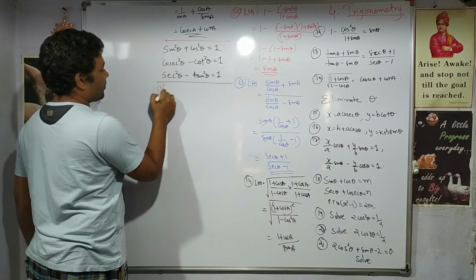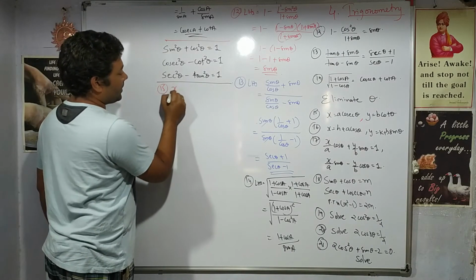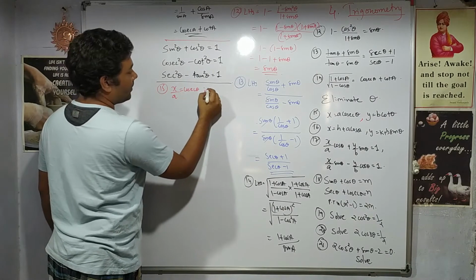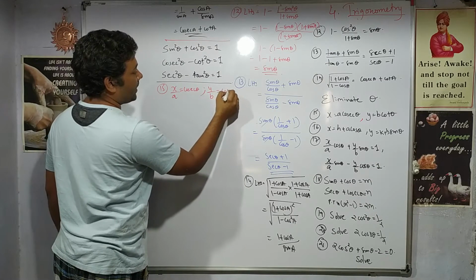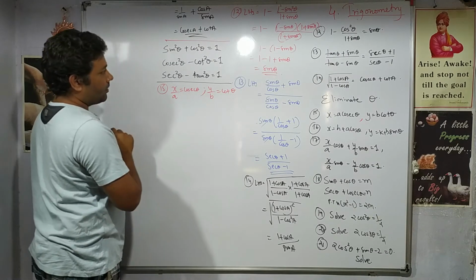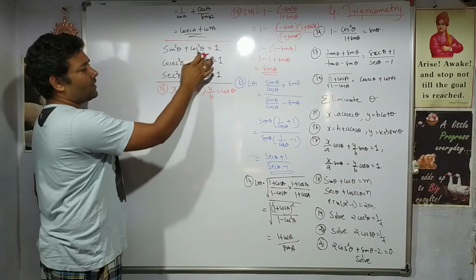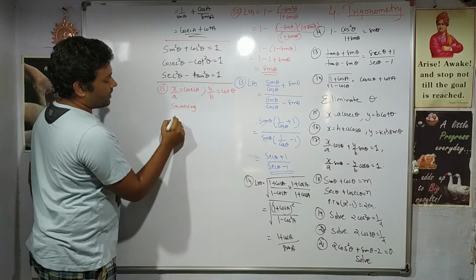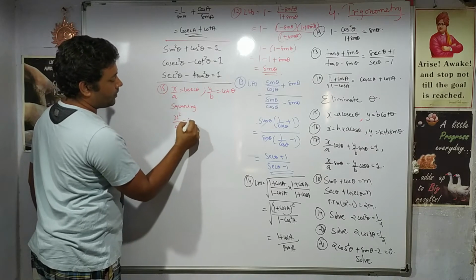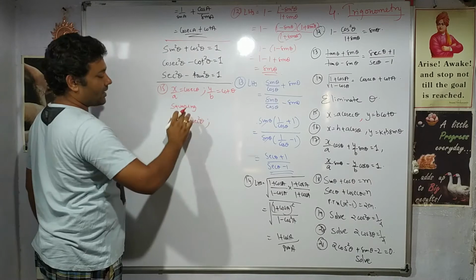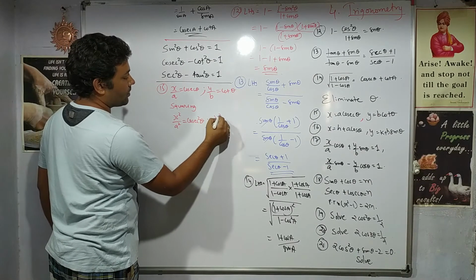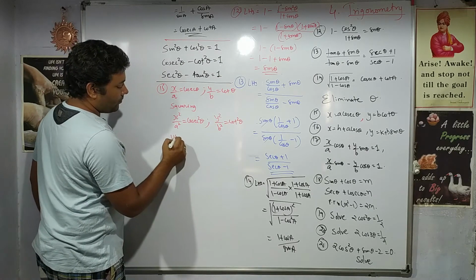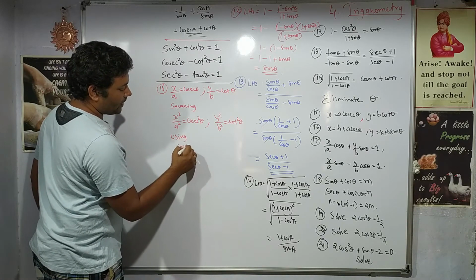Let us see the 15th question. If we rearrange, we get cosec theta as x upon a and cot theta as y upon b. Now in square relations we have square terms, so let us square them. Squaring, the left hand side will be squared, the right hand side will be squared, and we do the same thing for both the terms, right? Now using the square relation, what is the square relation?